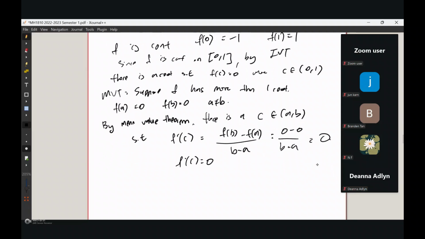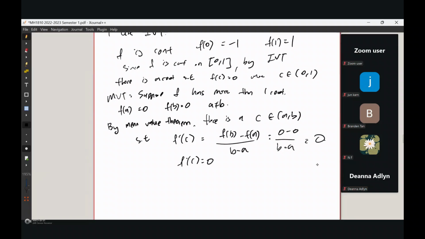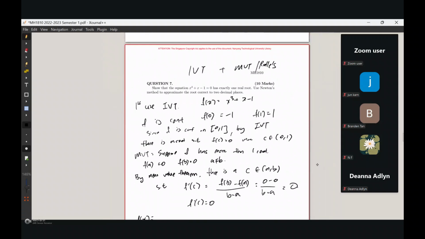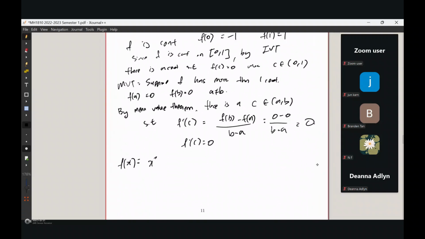So look at the flow. If two roots exist, then somewhere between the two roots, the derivative must be 0. But now let's see where this problem occurs. Your function f(x) is x cubed plus x minus 1. If you take the derivative, it's 3x squared plus 1.